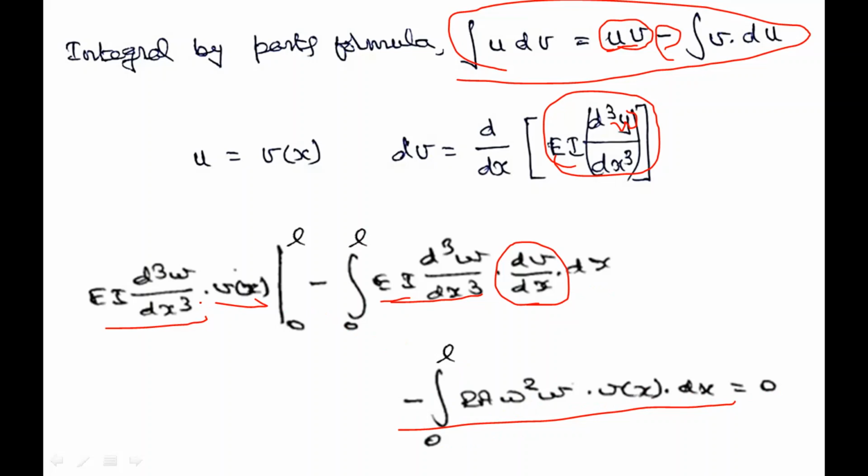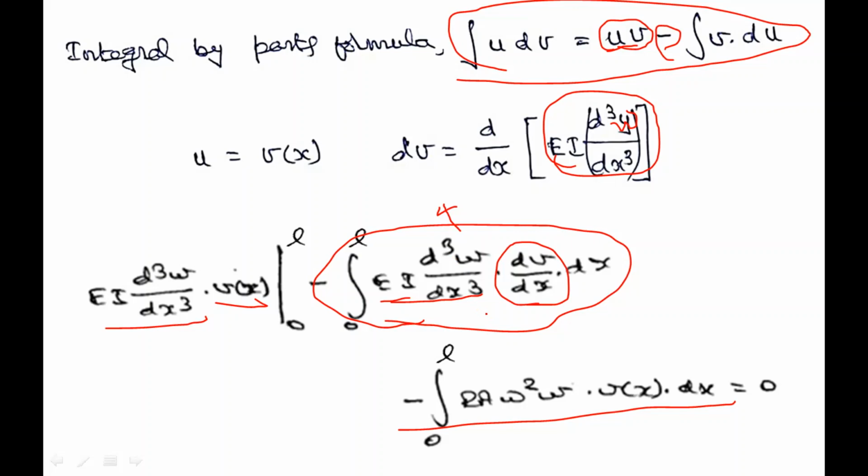After applying the integration by parts formula one time, we have reduced the order of differentiation from 4 to 3. Now again we apply the integration by parts formula, reducing the third order differentiation to second order differentiation.